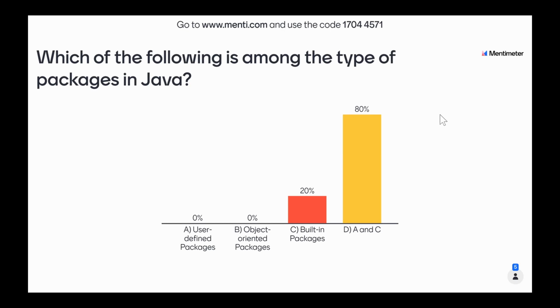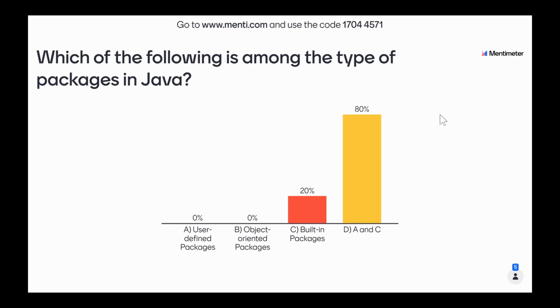So built-in packages is okay, but then we also learned that we have user-defined packages. These are the packages that we define ourselves, because in Java, you have to create classes and your classes are going to be numerous.